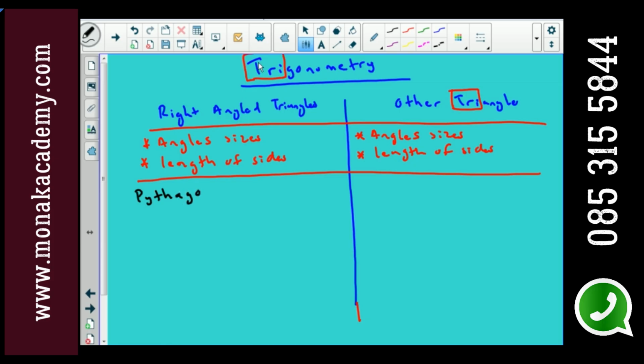Pythagoras, I have no idea if I'm spelling it right. So with the Pythagoras theorem, it's only going to help you calculate lengths of sides. That's all it can do.